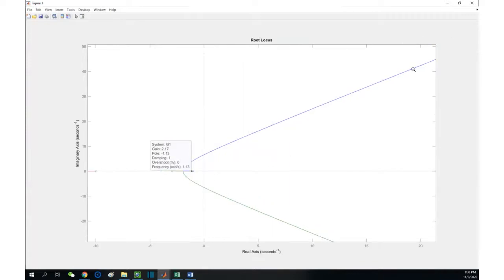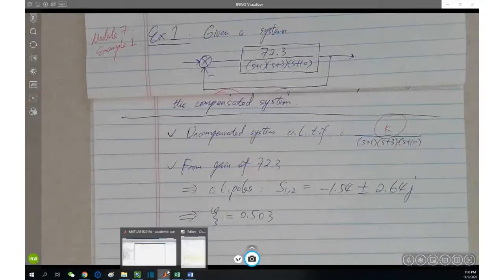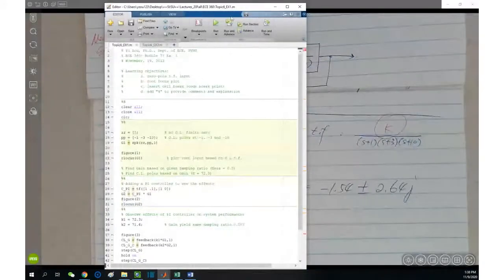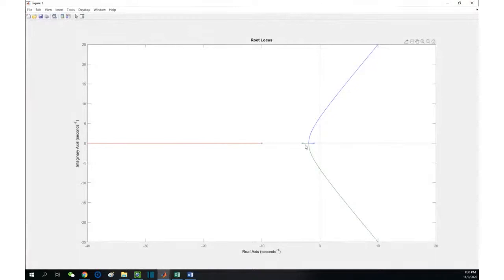Of course, we have 3 poles, and those 2 poles are about here, 72, 73 something.